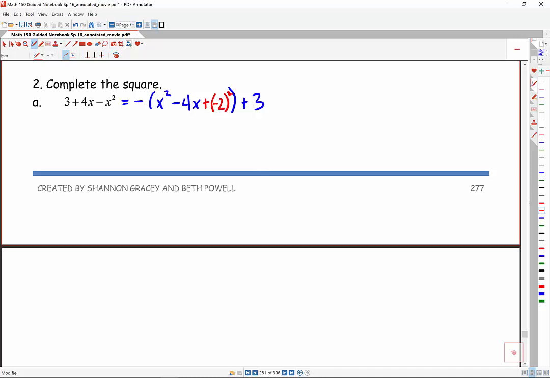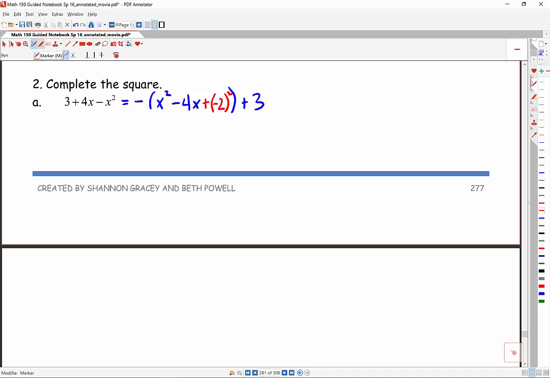Now, what did I really adjust this by? I really adjusted it by inside a positive 4, but do you see there's this negative on the outside? So basically, I've added negative 4, so I have to add positive 4 to balance it out.